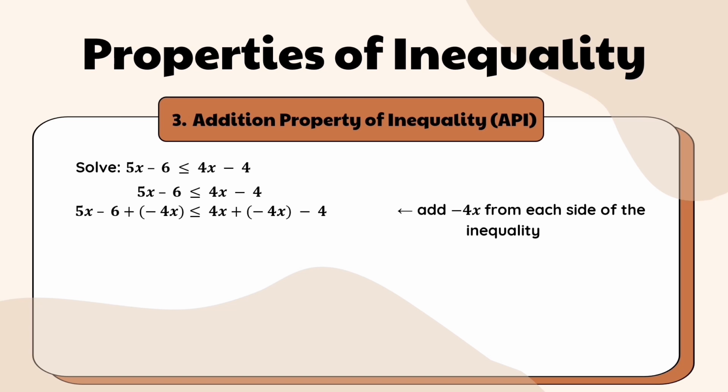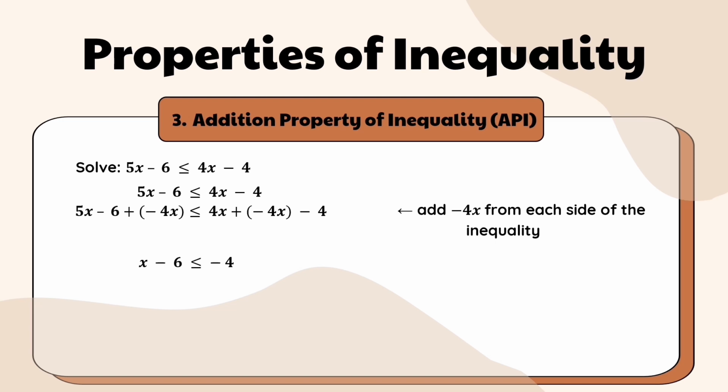So it will be 5x minus 6 plus negative 4x is less than or equal to 4x plus negative 4x minus 4. 5x minus 4x is equal to x, and 4x plus negative 4x is equal to 0 minus 4.